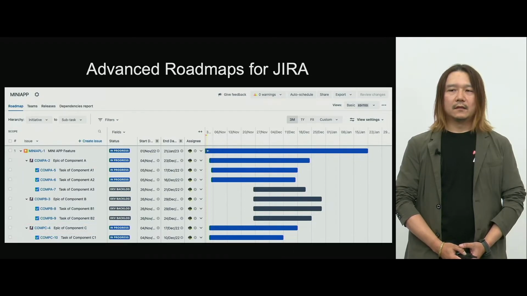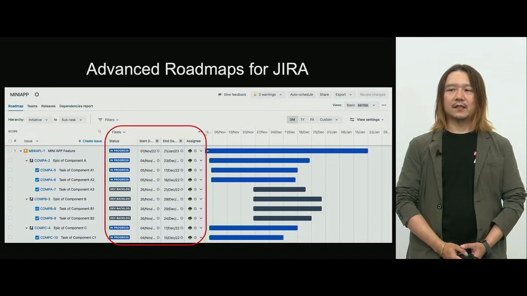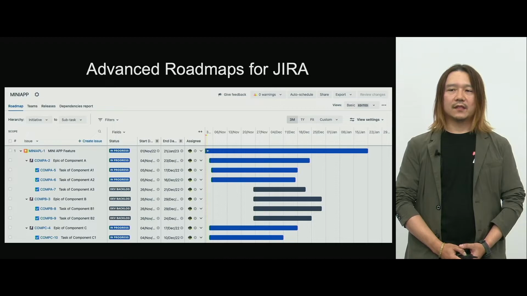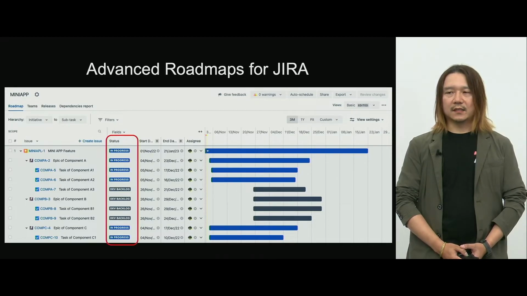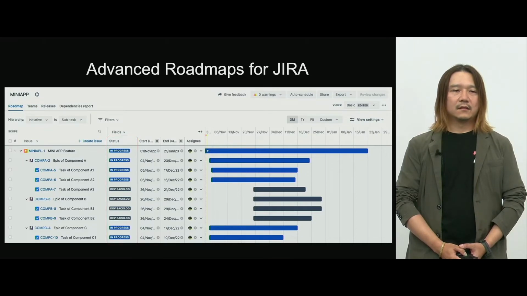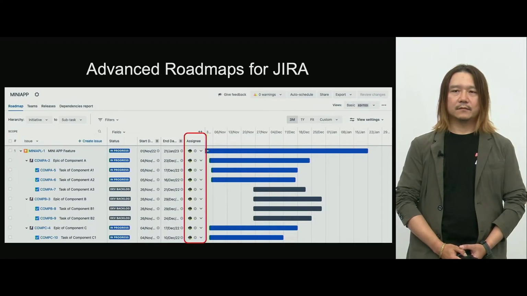In the column in the middle, there are parameters of each ticket shown in the list. And you can customize the items, and the ticket status, start and end dates, and the owner are displayed.